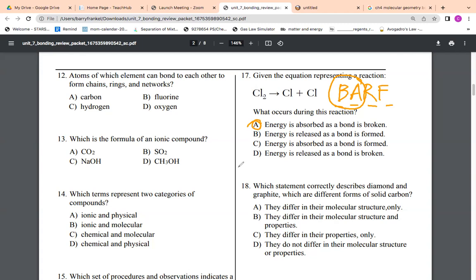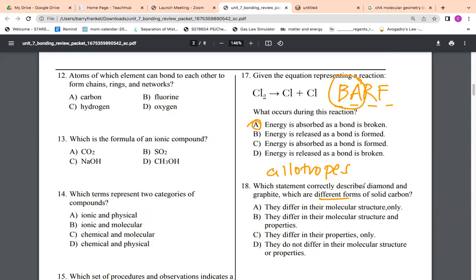Choice A. Number 18, which statement correctly describes diamond and graphite, which are different forms of solid carbon? When they say different forms, these are allotropes. Allotropes are basically physical forms in which an element can exist. There are three common allotropes for carbon: diamond, graphite, and also charcoal.